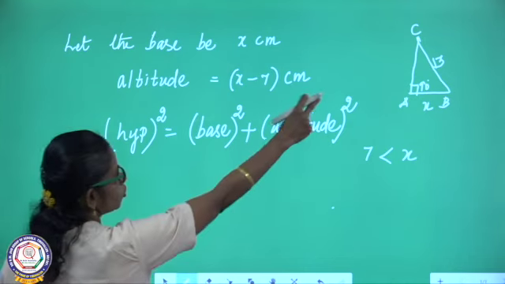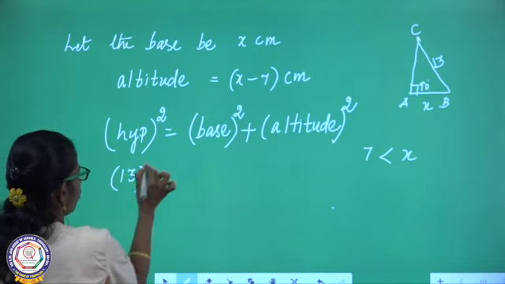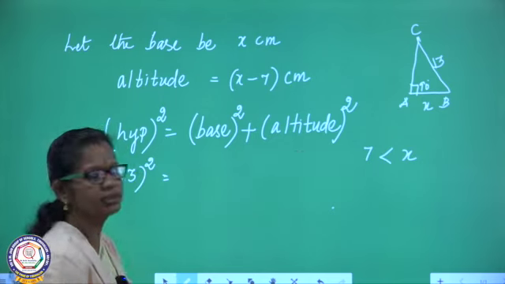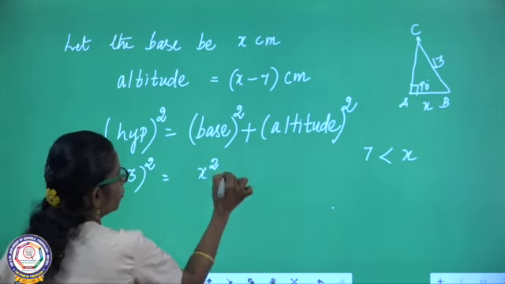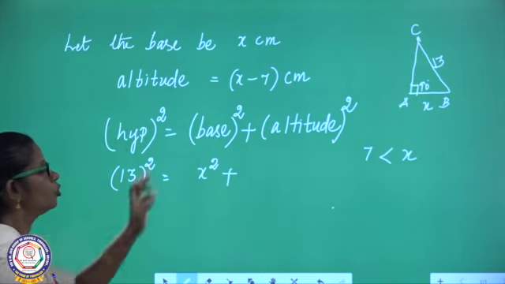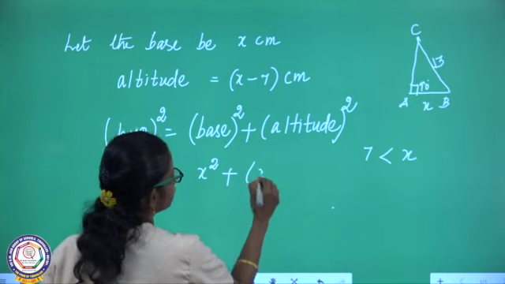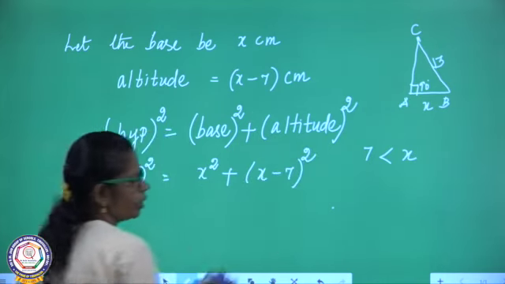Now hypotenuse square, what is given? 13. So 13 square equal to base, which we consider x, so x square plus altitude, we got x minus 7, x minus 7 the whole square.